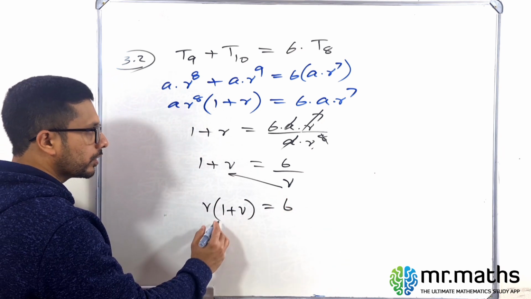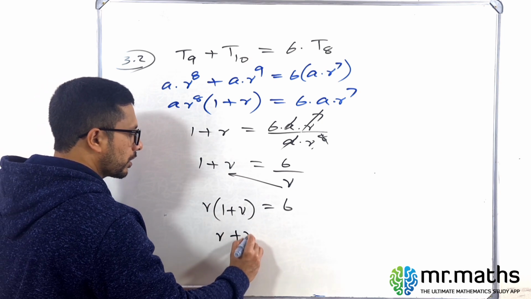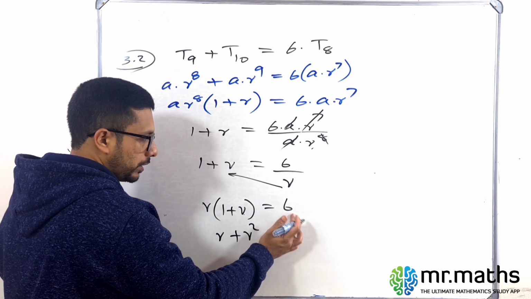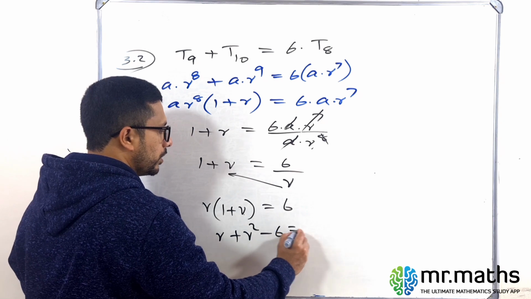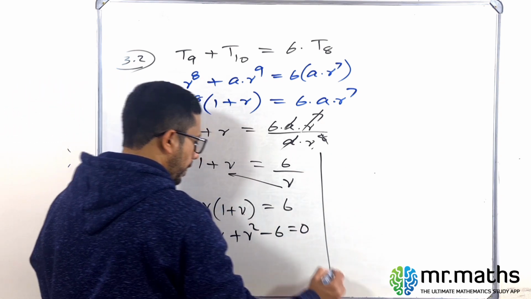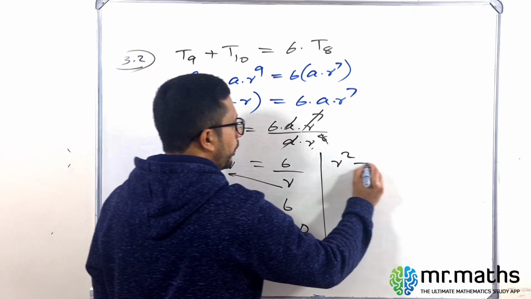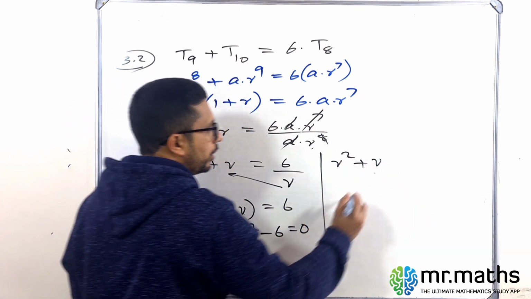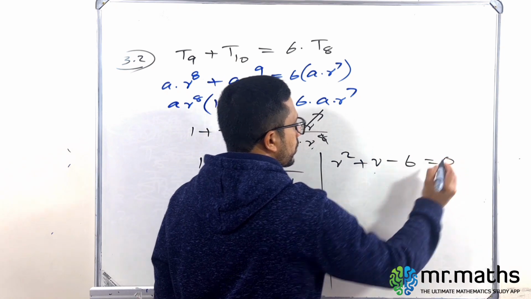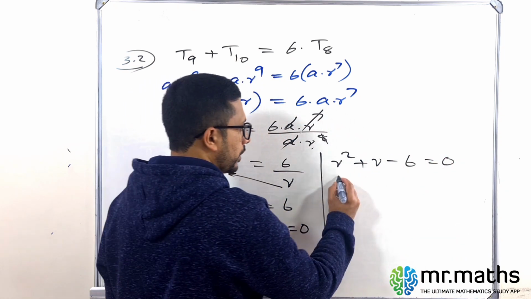If I expand this one, r times 1 is r plus r times r is r squared. Take this 6 to this side, so minus 6 is equal to 0. Am I right? Okay, so here let me write it in order: r squared plus r minus 6 is equal to 0. So this is a quadratic equation. Am I right? So we have to factorize.